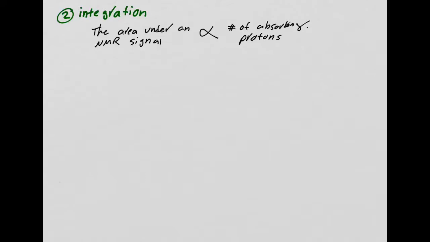The area under an NMR signal is proportional to the number of absorbing protons. Now, what does that mean?